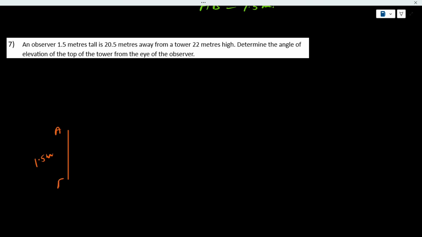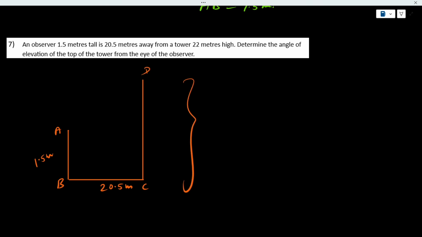Eye of the observer will be at A, right? Now it is 20.5 meter away from the tower. This is the observer, AB is the observer, right? So BC, it is 20.5 meter away, and here there is a tower which is 22 meter high, right? So this is CD.